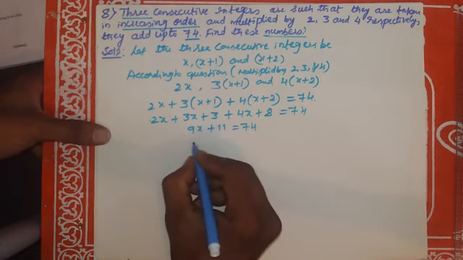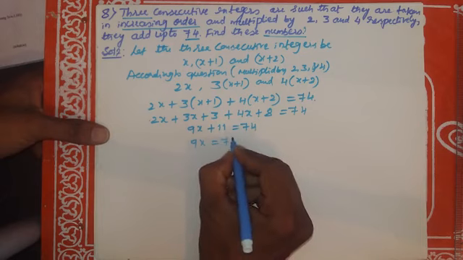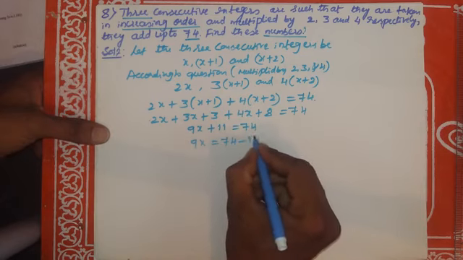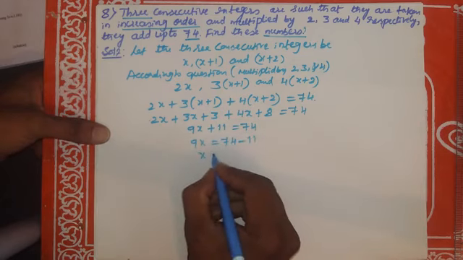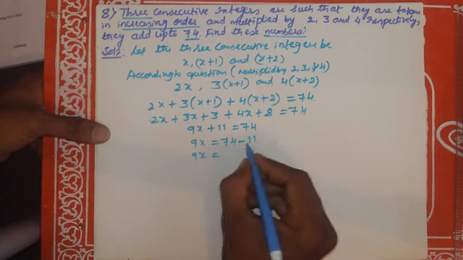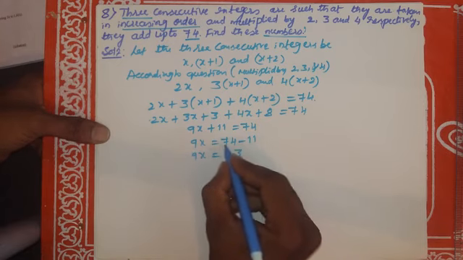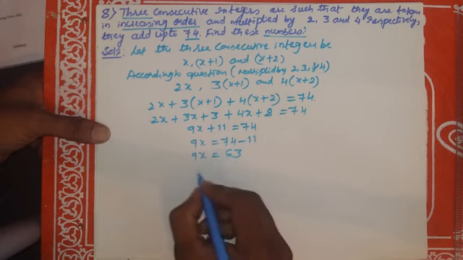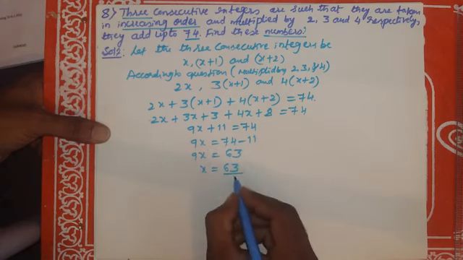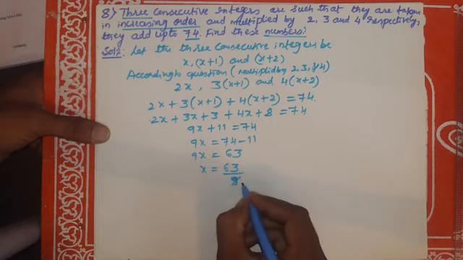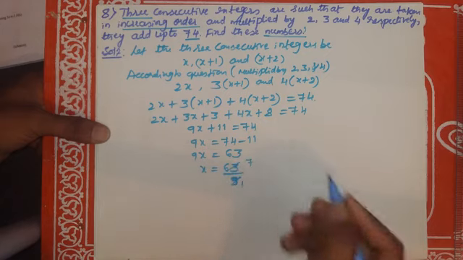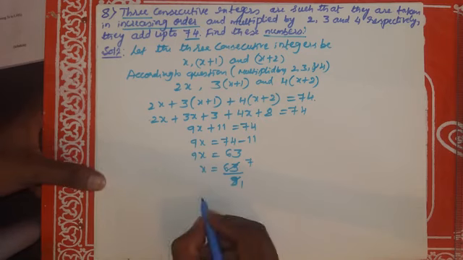Okay, 9x is equal to 74 minus 11. 9x is equal to, 4 minus 1 is 3, 7 minus 1 is 6, 63. This 9 take in the place of denominator. Okay, 9 ones are 9, 9 sevens are 63. x is equal to 7.